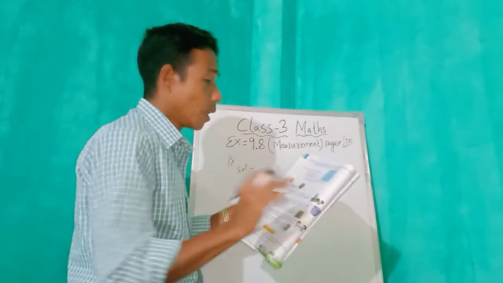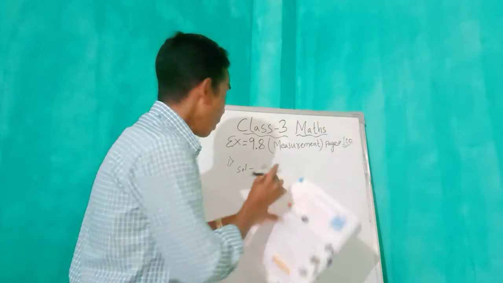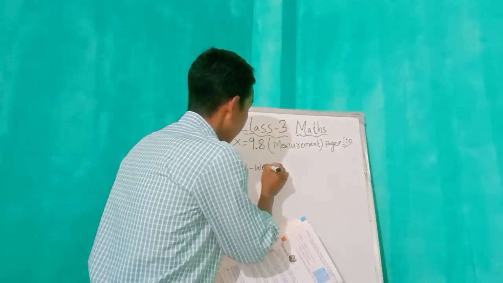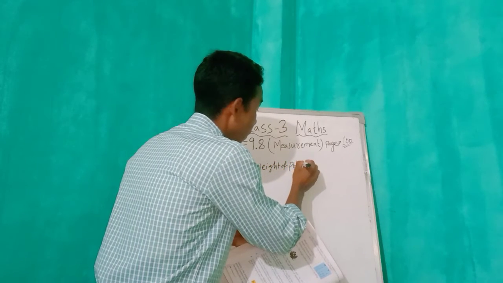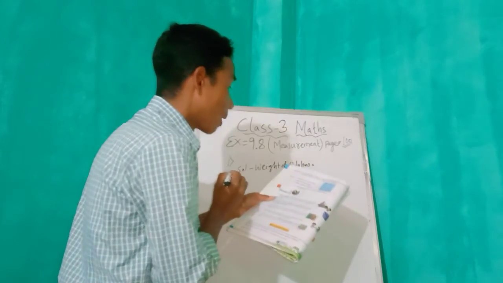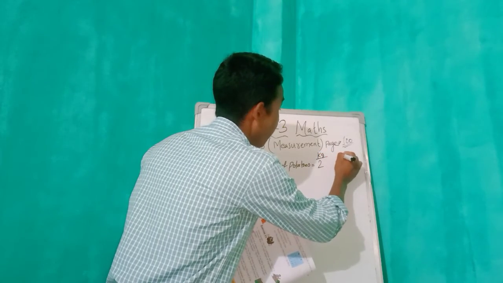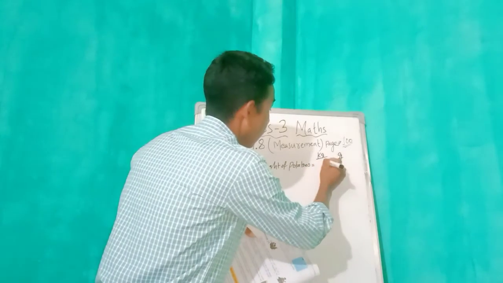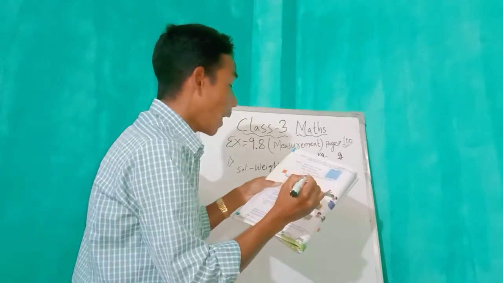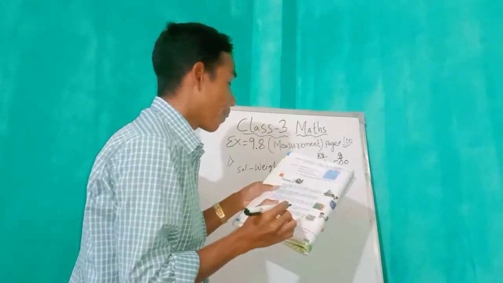So look here, weight of potatoes equal how much? 2 kg and 500 gram.